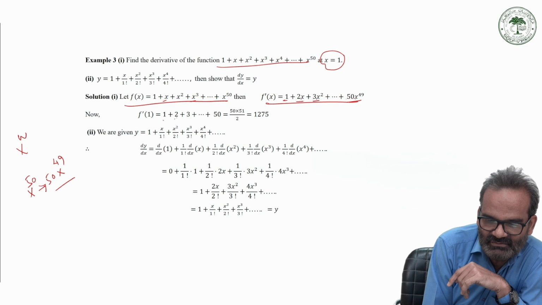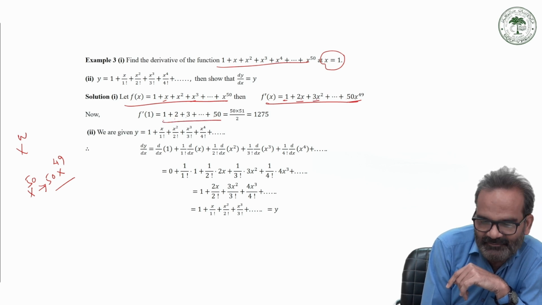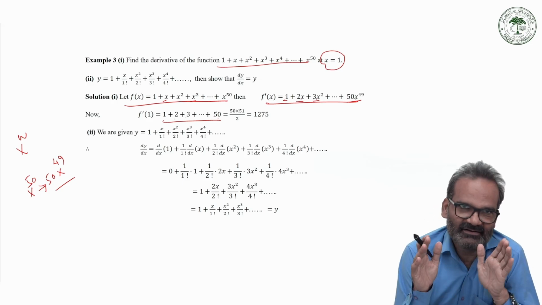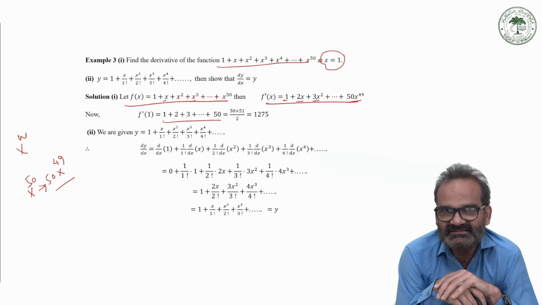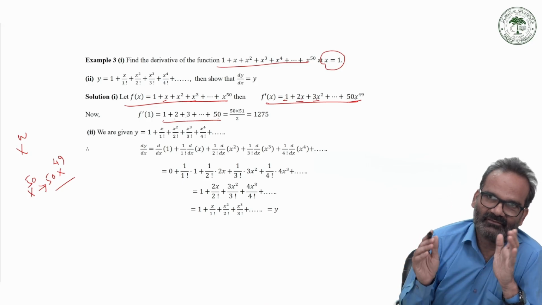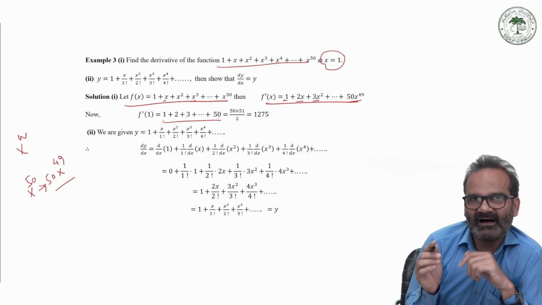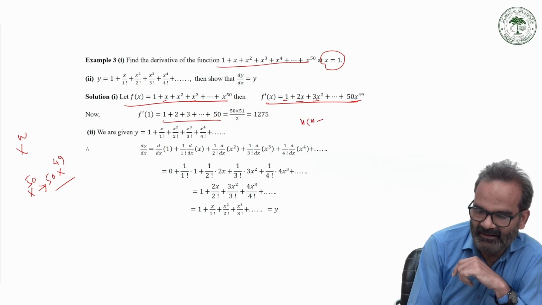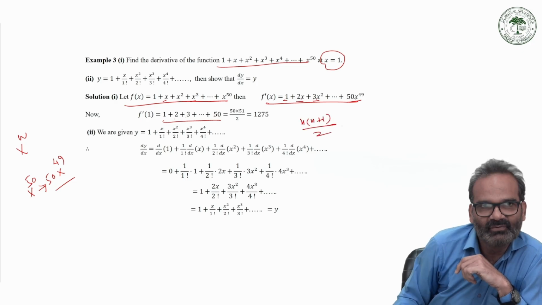So 1 plus 2 plus 3 plus 4 up to 50. And this is the sum of the first 50 natural numbers. In your earlier classes, 9th or 10th, you learned that the sum of the first n natural numbers is given by n into n plus 1 by 2.